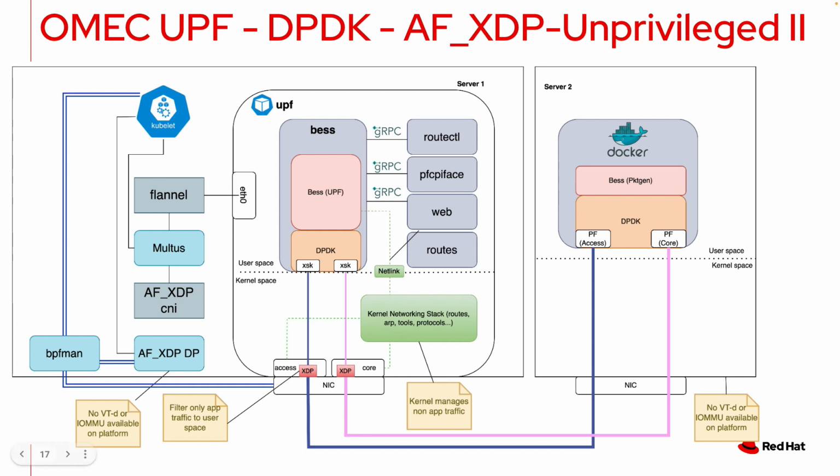We communicate with bpfman as well to understand where it is pinning the XSKMap, and once we have a pinned XSKMap, we can mount that into the context of the DPDK pod without having to do any additional handshakes. At the moment, the XSKMap is mounted into the pod via a host path volume mount.